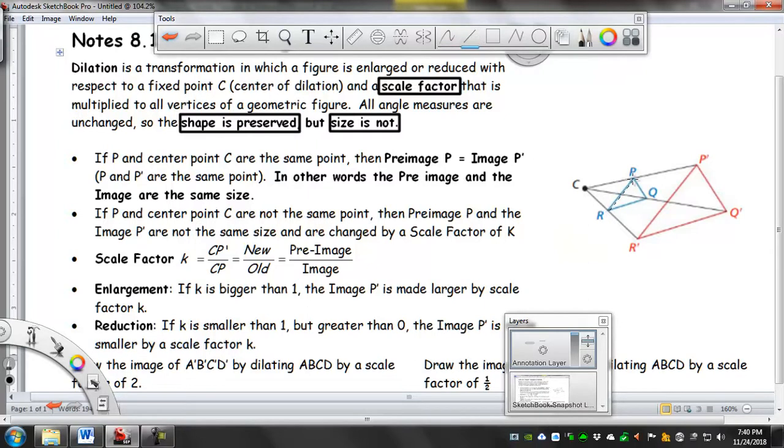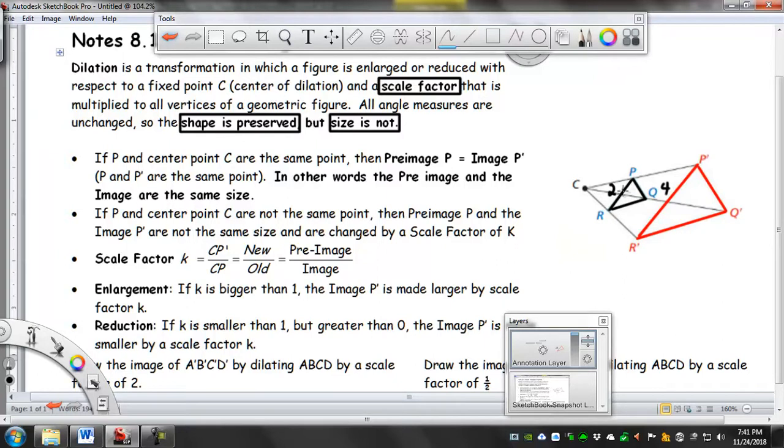And so if you look over here at this little figure, we've got the original figure P, Q, and R, and I take a dilation of this by some scale factor greater than 1, it's going to blow it up, and it's going to be a little bit bigger. And so the scale factor, let's say if I was thinking about this one, and let's say this side here was actually 2, and the new side here is 4, that scale factor would be 2. 2 times 2 is 4.